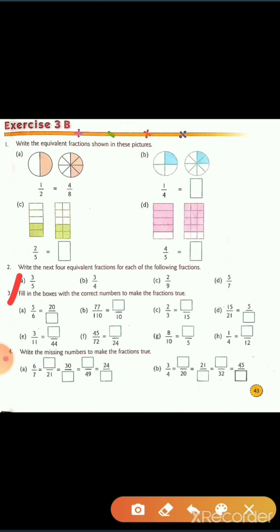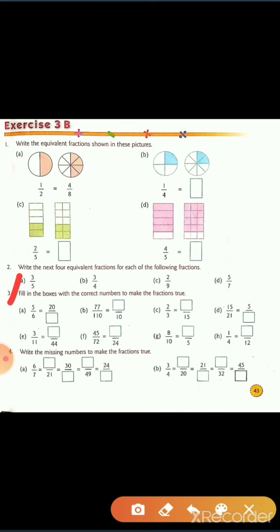In this case, we know using division we can get equivalent fractions, and using multiplication also we can get them. So to solve this question, by multiplication and division we can solve it.